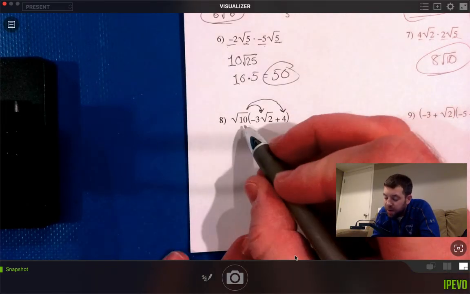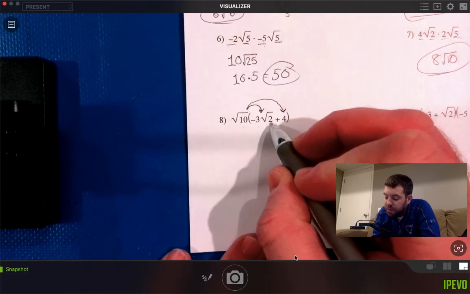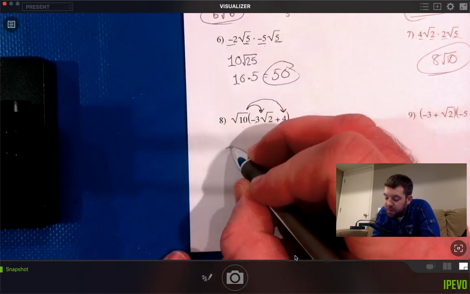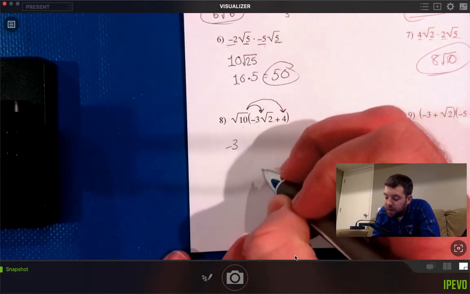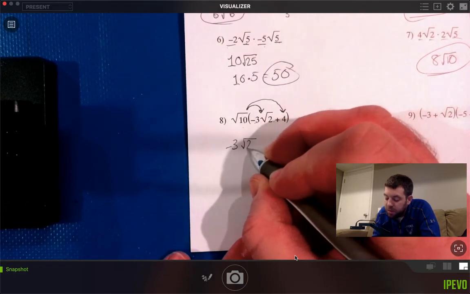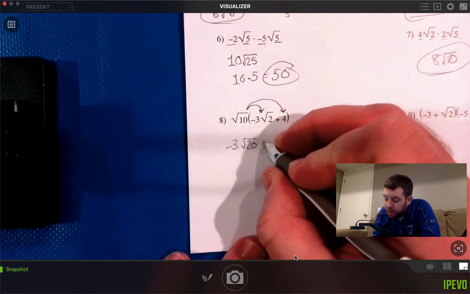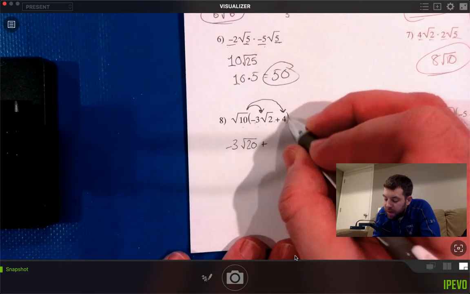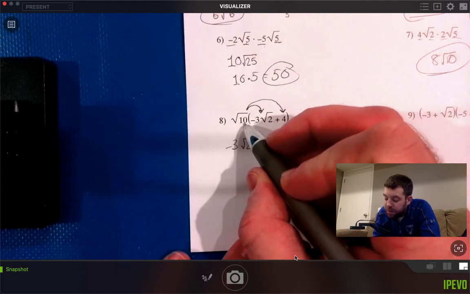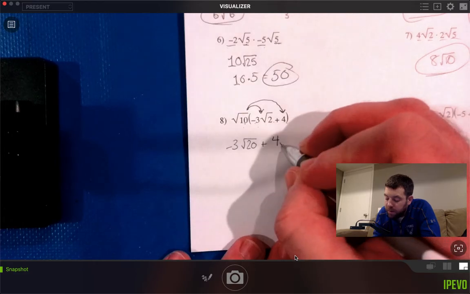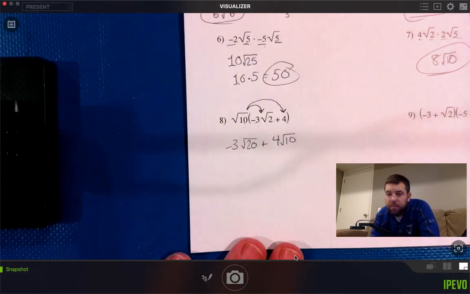So if I have a radical 10 times negative 3 radical 2, there's no other outside here, so we know it's going to be a negative 3. 10 times 2, which is 20. Plus, now there is no radical here, guys, so it's just going to be 4 radical 10.